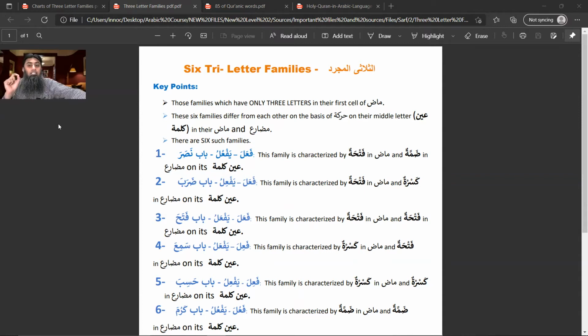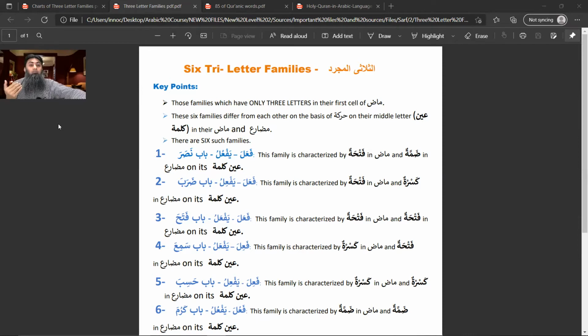And when we say 3 root letters, we discussed the concept that the original or root letters of any Arabic word you can find in the first cell of your fail madi, in the huwa cell.